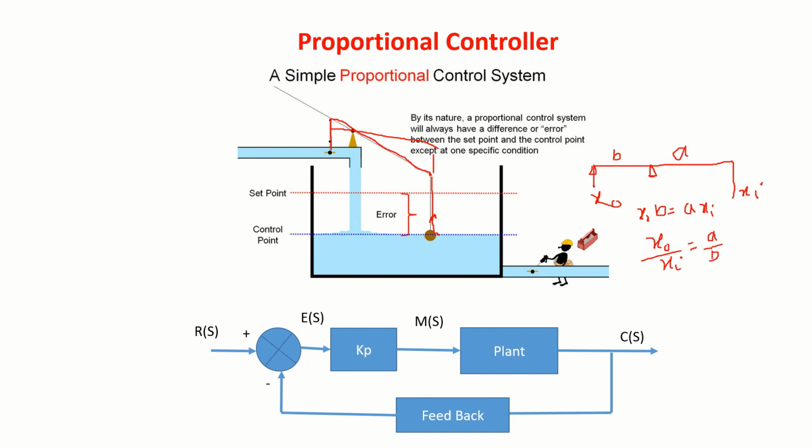This you can call it as gain Kp. So by adjusting the values of a and b, we can always have the value of Kp. Now this will be the transfer function of this.